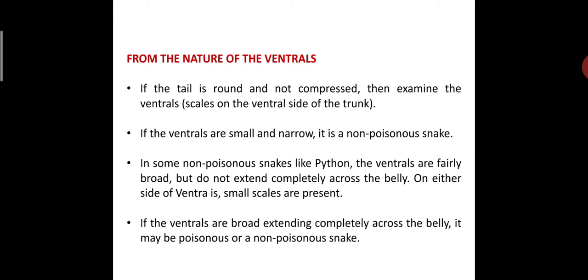So, from the nature of the ventrals: if the tail is round and not compressed, then examine the ventrals. If there is confusion in identifying by the tail, then we have to see the ventrals, the scales on the ventral side of the trunk. That means the scales on the ventral side. They will be like a shield.